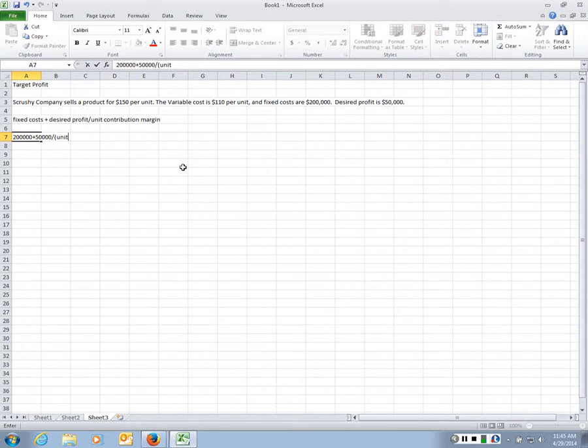And remember, unit contribution margin is selling price per unit minus variable price per unit. So when you do that math all out, that should give you 6,250. So 6,250 units need to be produced and sold in order to make a target profit of $50,000.